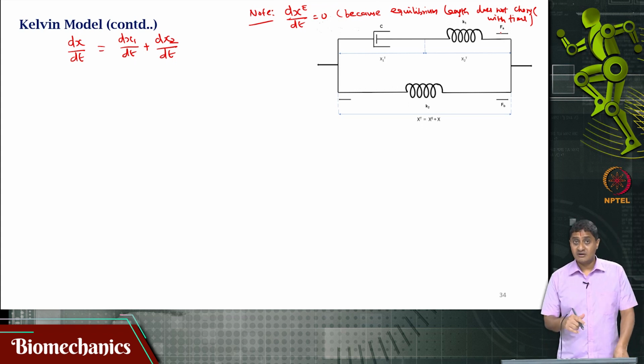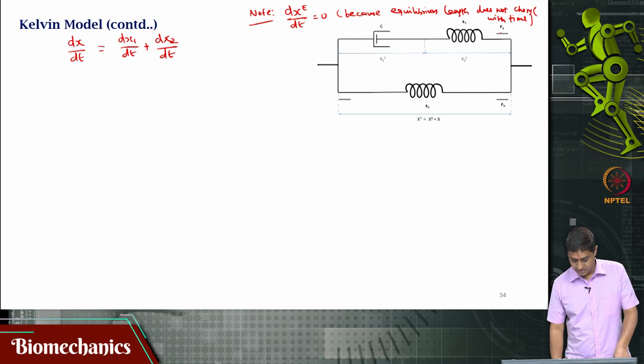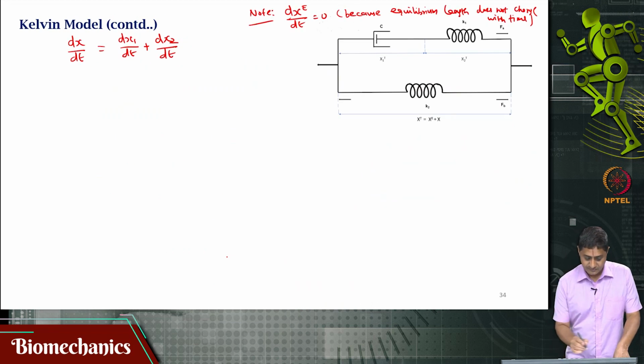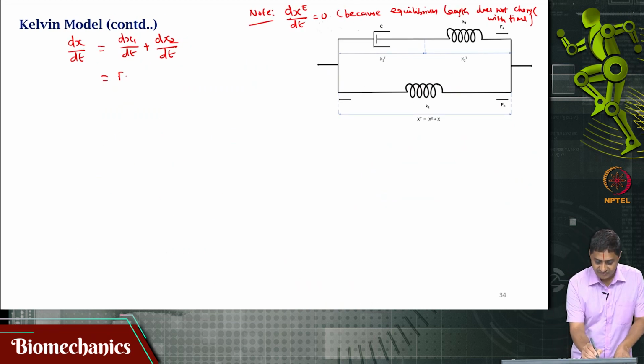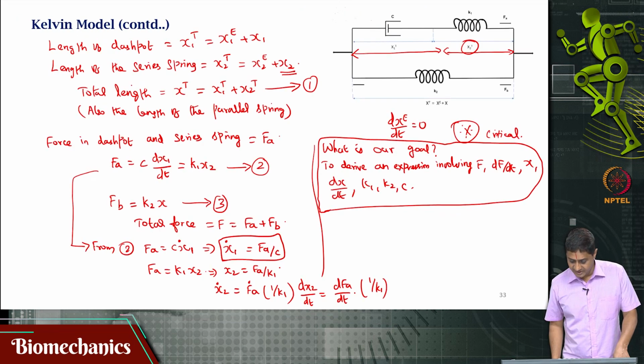Now, let us go back and find out what dx1 by dt and dx2 by dt are and write it up. dx1 by dt is this, that is Fa by C, and dx2 by dt, x2 dot is Fa dot times 1 by k1.